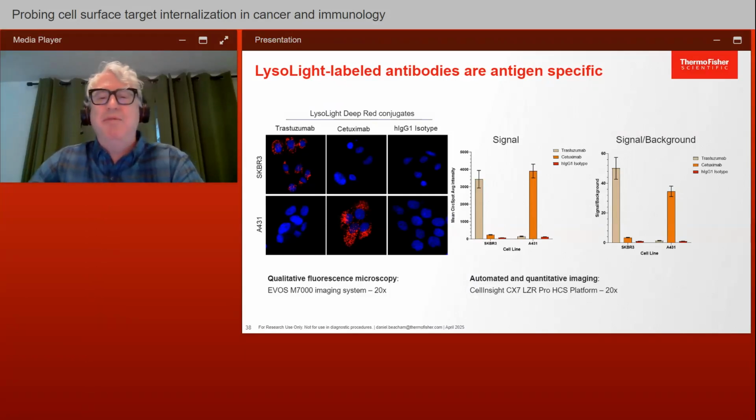And so I asked that before by showing a competition, a dose displacement study with unlabeled antibody.